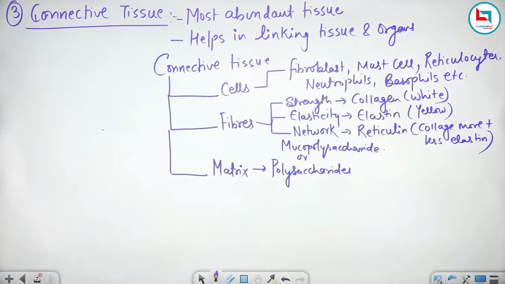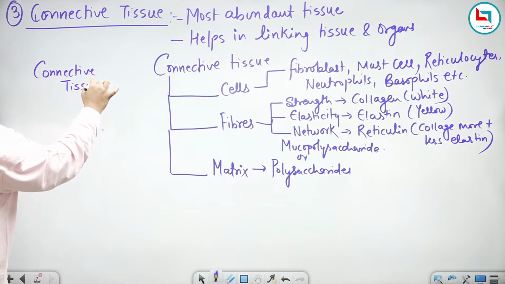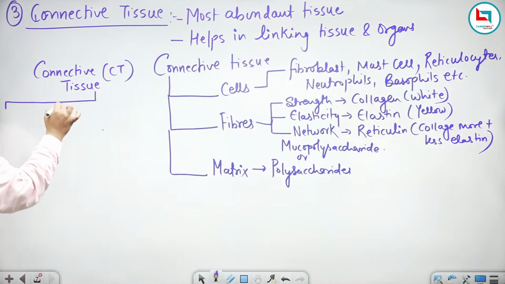So these are the things of which a connective tissue is made up. Connective tissue, in short, I'll write as CT, is of further three different types.